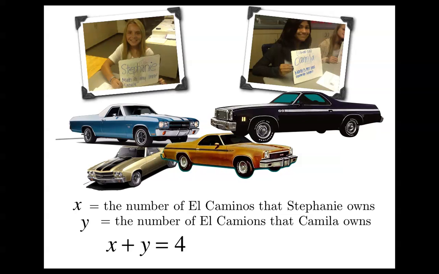Well, I'm going to give you another clue about this mystery. Camila owns 3 times as many El Caminos as Stephanie. So the number of El Caminos that Camila owns is 3 times as many as the number that Stephanie owns. Y equals 3 times X.